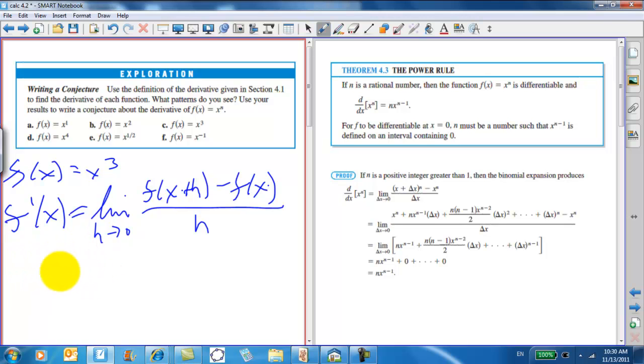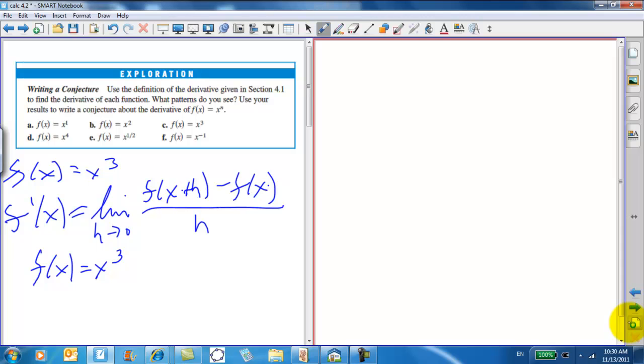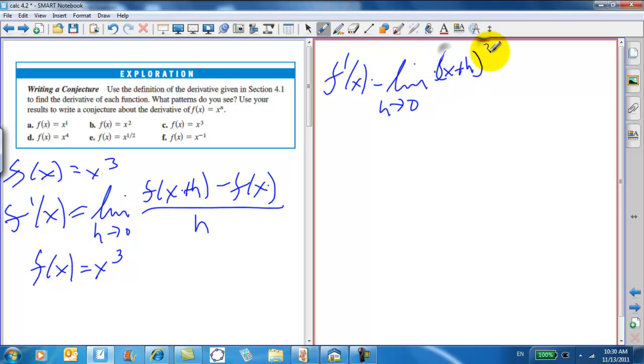So let's apply the derivative. The derivative then would be the limit as h goes to 0 of f of x plus h, which would be x plus h cubed minus x cubed all over h.